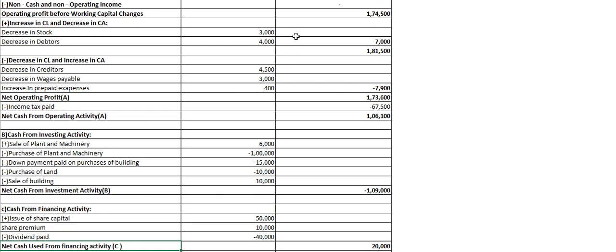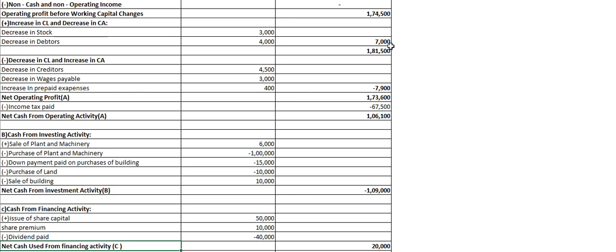Now we will add our decrease in current assets and increase in current liability. So decrease in stock 3,000, decrease in debtors 4,000 will be added, which you get 7,000. The total is 1,81,500 minus a decrease in current liability and increase in current asset. So a decrease in creditors 4,500, decrease in wages payable 3,000, increase in prepaid expenses because it's a current asset 400. So you'll get minus 7,900.